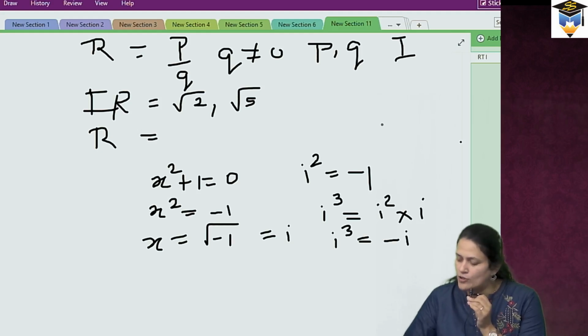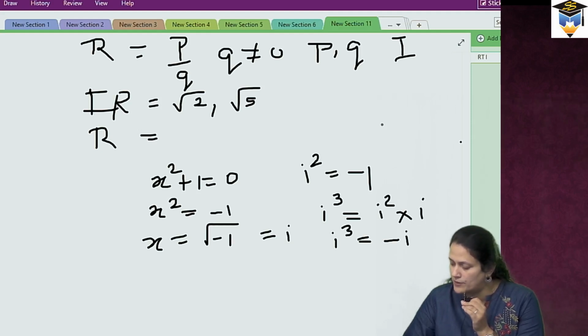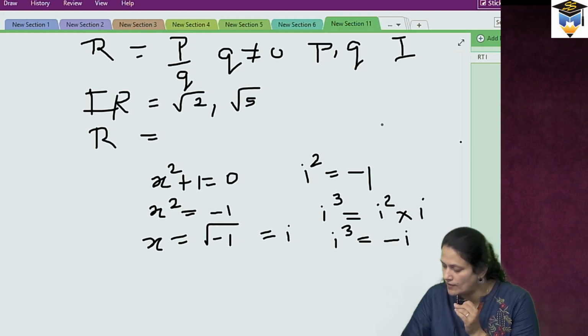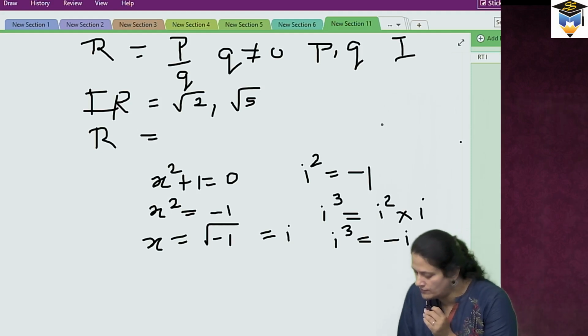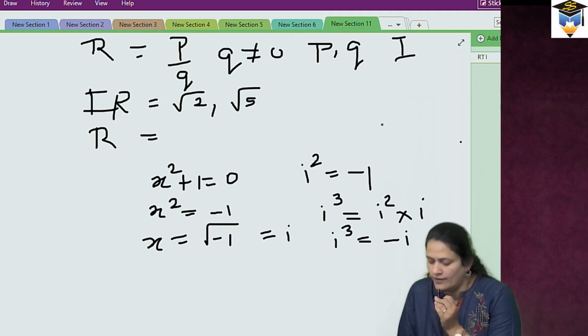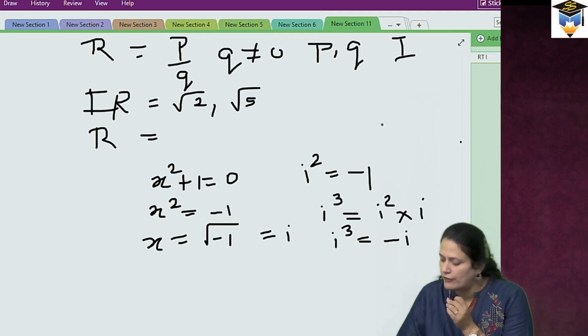First, give the heading as complex numbers. And write down the definition that is given in the textbook. On page number 33, 3.2, they have given you the definition of a complex number.